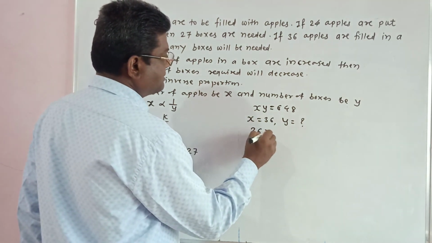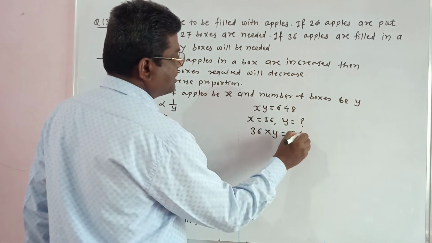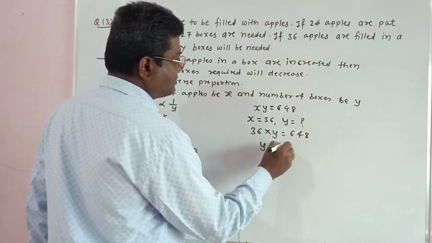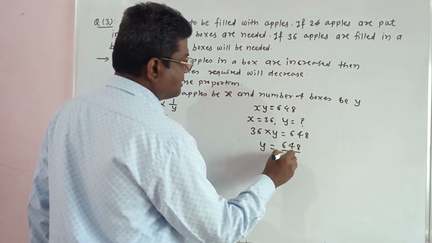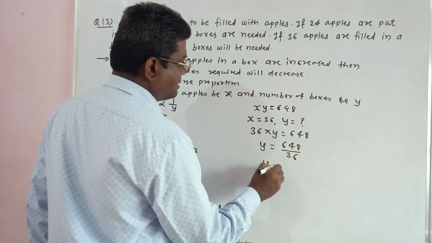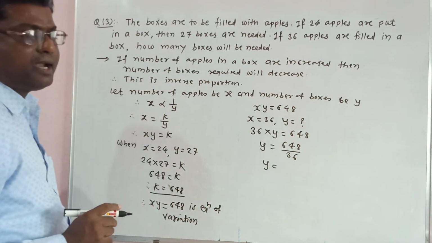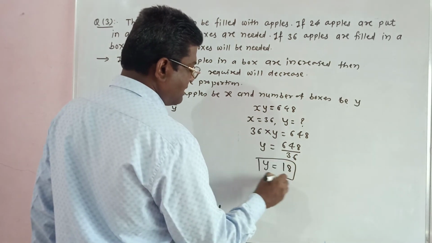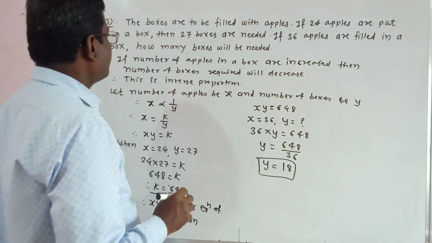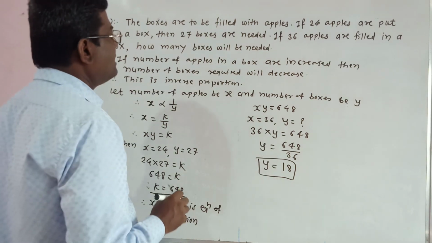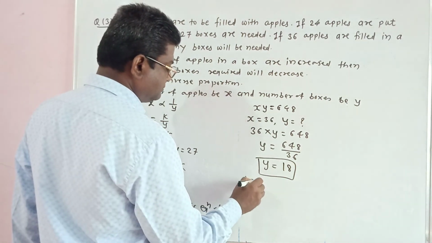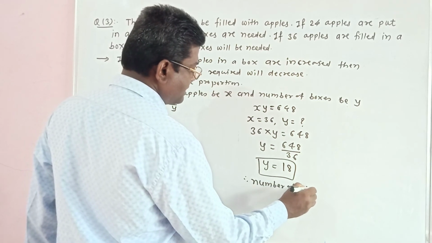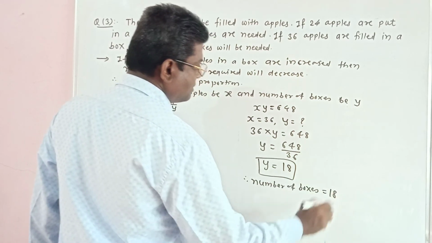Therefore, 36 into y is equal to 648. Therefore, y is equal to 648 upon 36, which is 18. Therefore, the number of boxes needed is equal to 18.